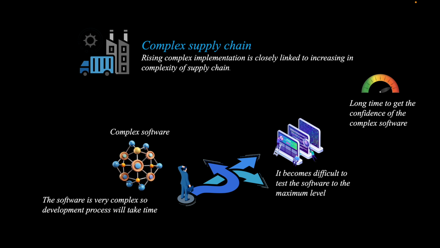And once you develop all these softwares, definitely you need to integrate them into the ECU, right? When you integrate them into the ECU, there will be an integration time involved. Along with that, there will be a validation time involved. All these processes make the entire software lifecycle a bit complex and also long.